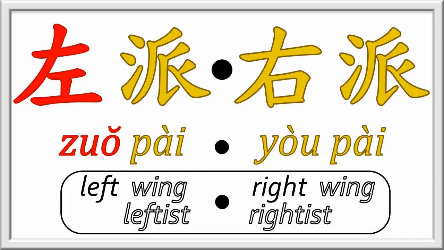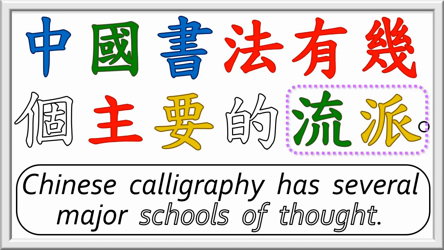In politics, most governments have at least two opposing wings or camps, originally seated on the right and on the left. These are directly translated from Western political thought. 左派 and 右派 for leftists and rightists. 流派 usually translates as a school of thought, 派系 as a faction. 中国书法有几个主要的流派.